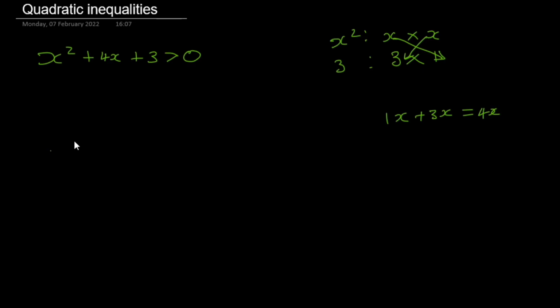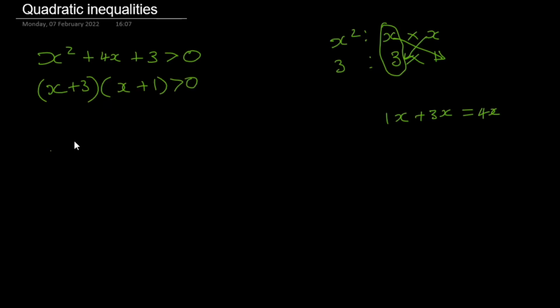All right, so the ones that are multiplying each other must not be in the same bracket. So x and 3, that x are not multiplying each other, so they will be in the same bracket. So I'm going to have (x + 3) and (x + 1), greater than 0.